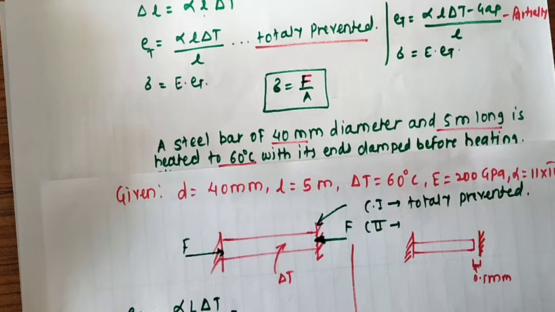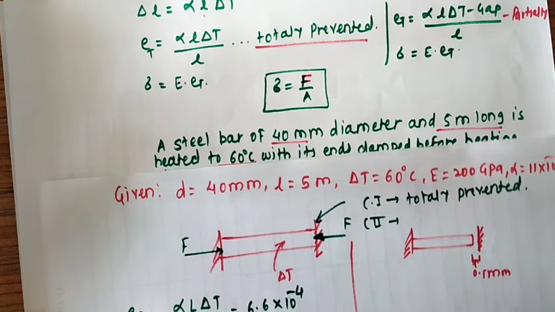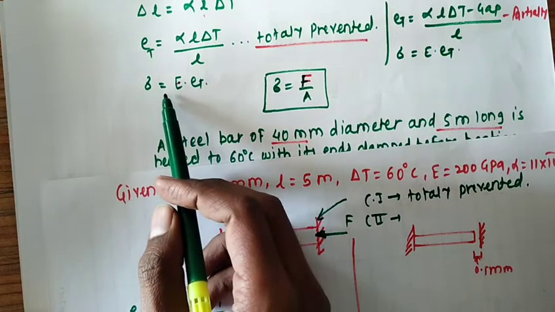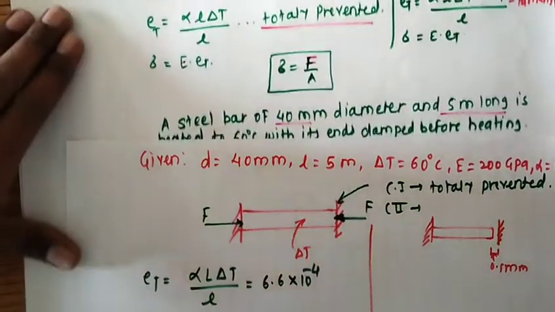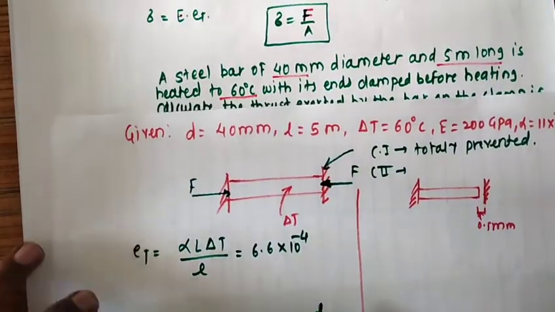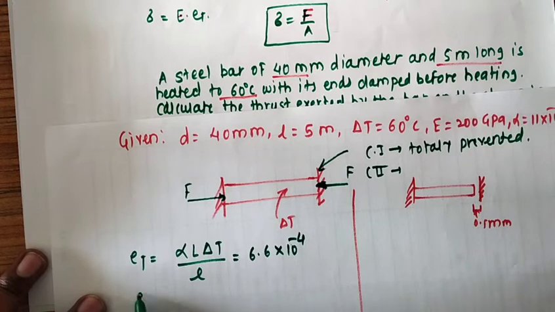So if you solve this, your answer is 6.6 into 10 raised to minus 4. As this is strain, we are not writing it, it's unitless. Okay. So this is your value of thermal strain. Now once we get thermal strain, we know that sigma, that is thermal stress, is equal to E into the thermal strain.